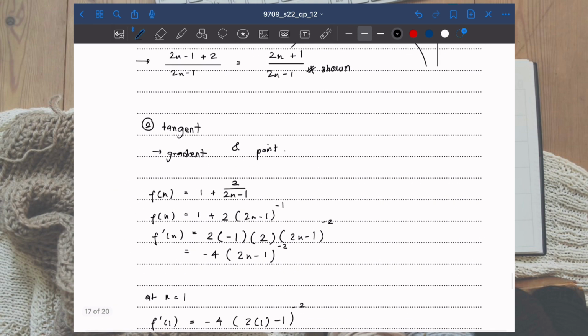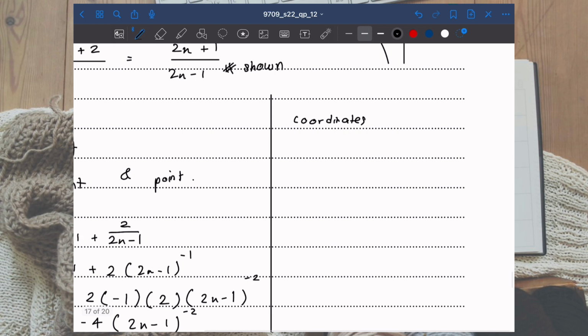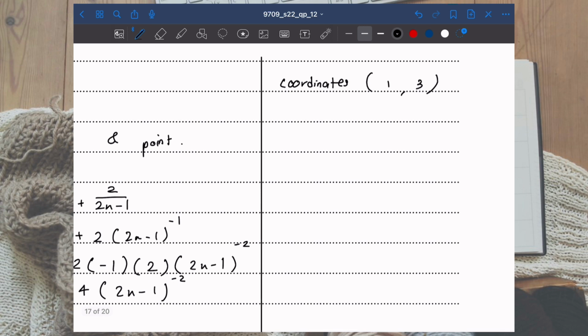So the coordinates of the point on the line are (1, 3), and our gradient is -4.